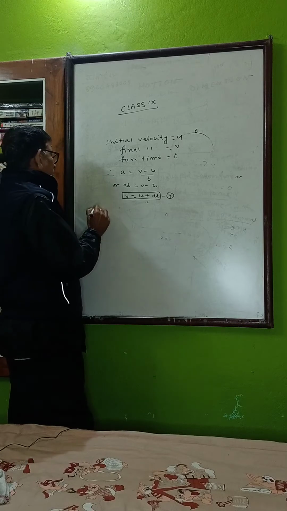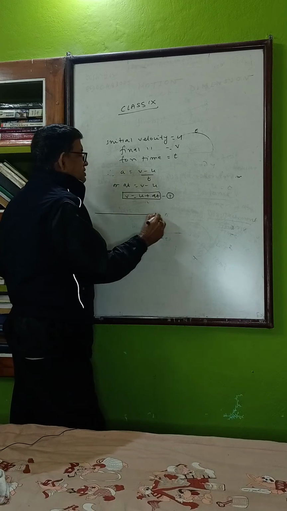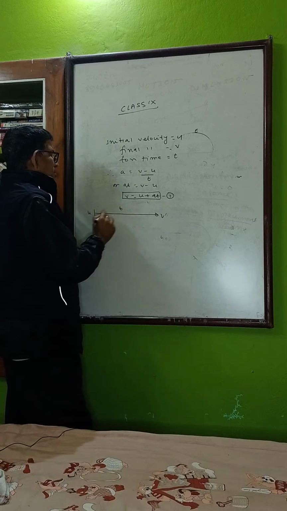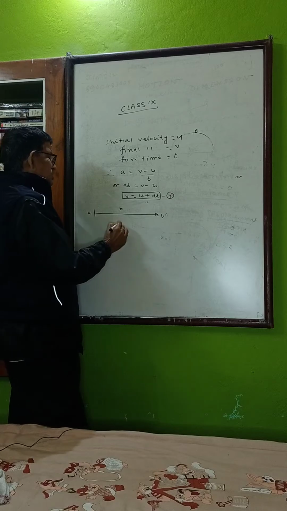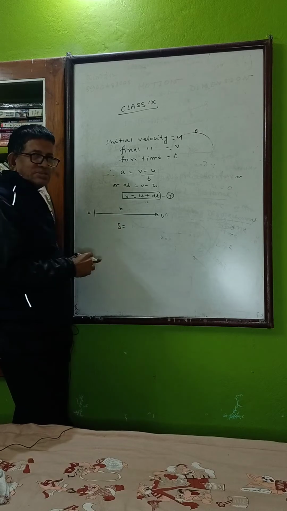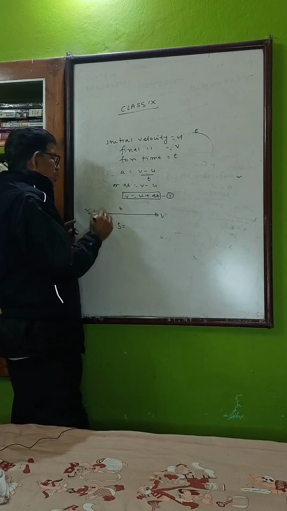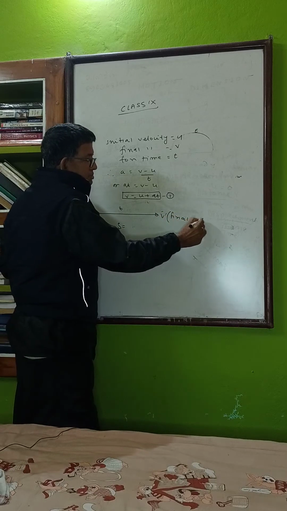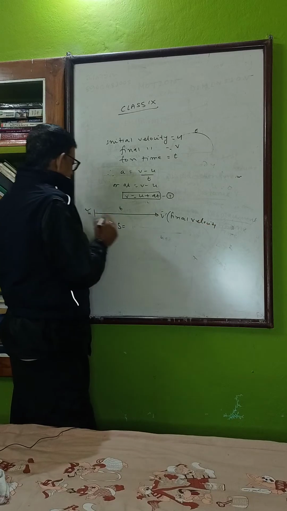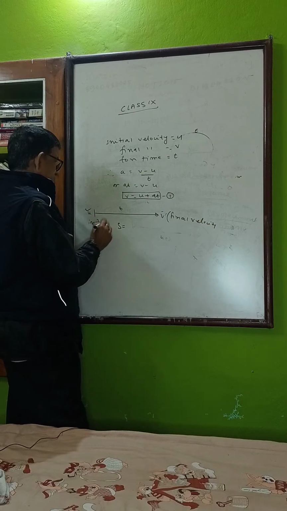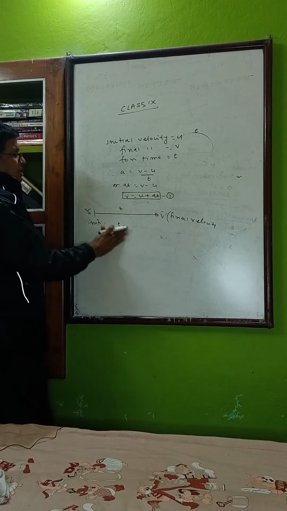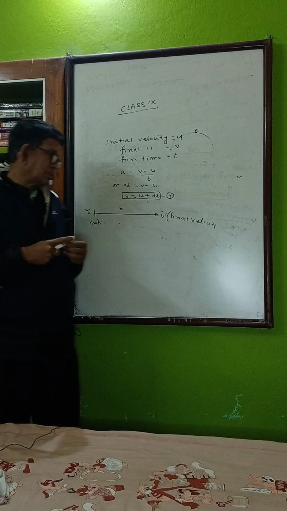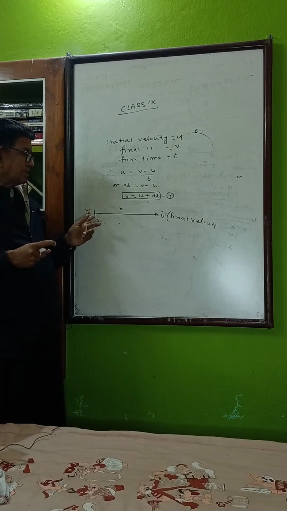Now, final velocity v, initial velocity u, for time t, the body covers displacement s. What is the displacement for the particle?